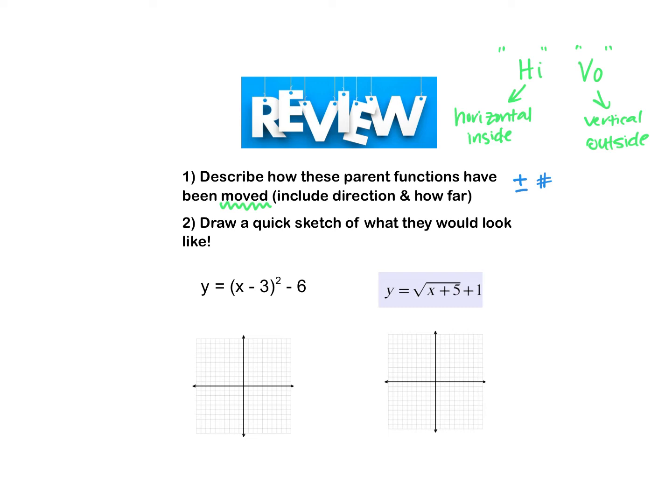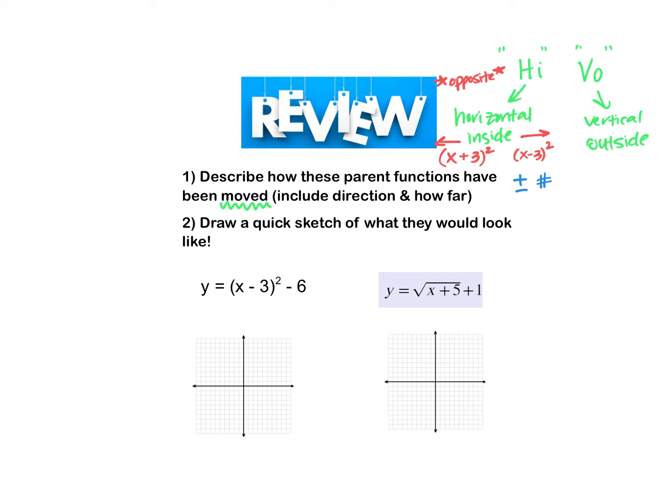For the horizontal transformations, if I have x plus 3 on the inside of a quadratic, x squared, this is going to move my function to the left. If I have x minus 3 on the inside, that's going to move it to the right. Horizontal transformations are always opposite of what you expect.